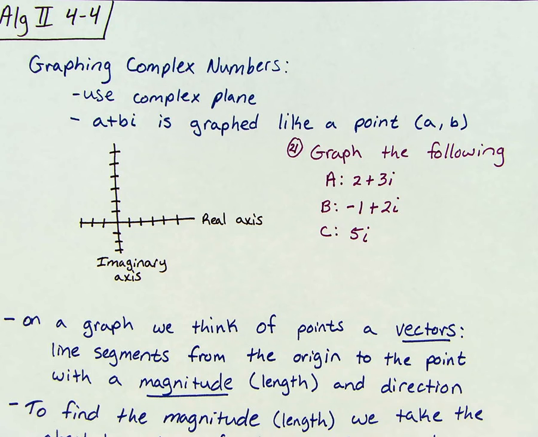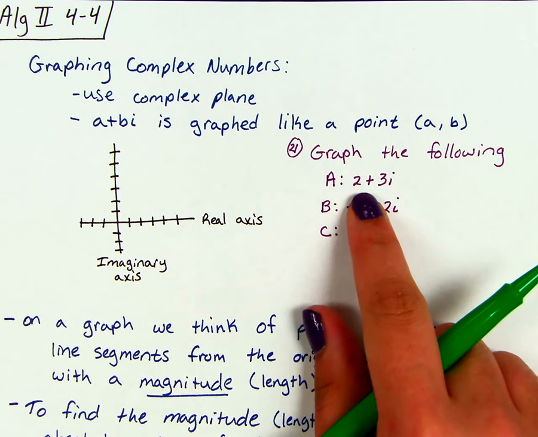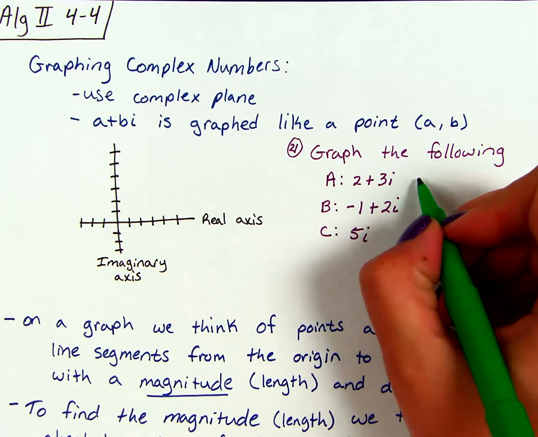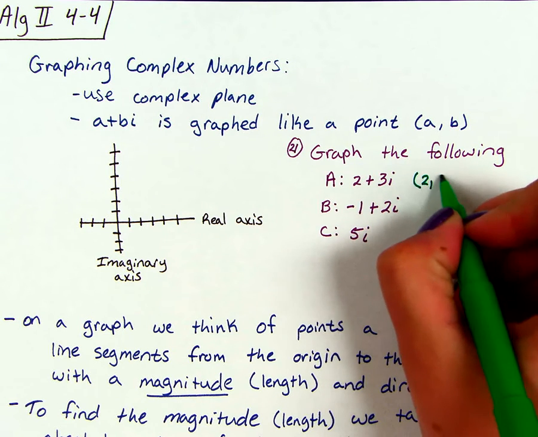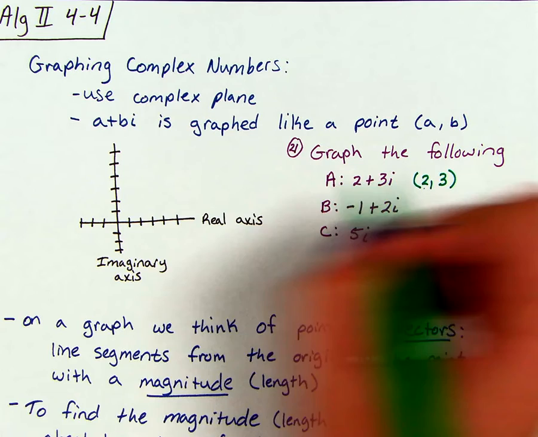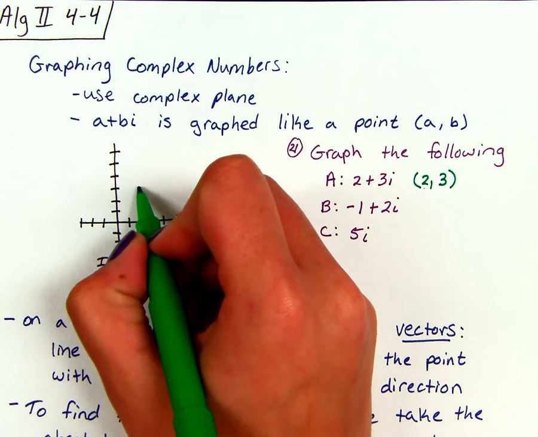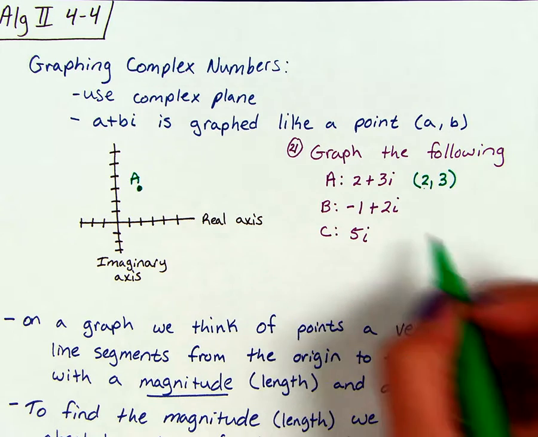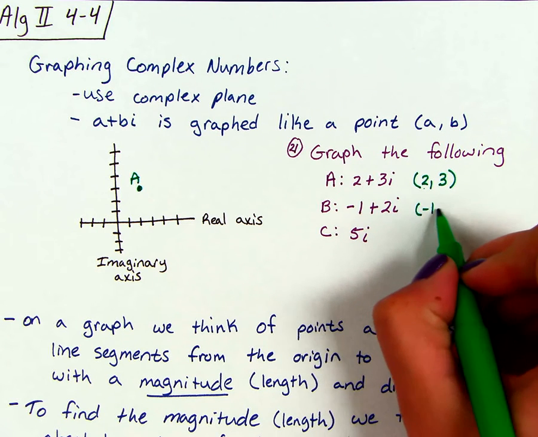So if I wanted to graph our complex number of 2 plus 3i, this is really the same idea as graphing (2, 3). So I'm going to go right 2, up 3 and put my point. So (2, 3), here's my point. I'm going to label it as A. Same thing, so this is going to be (-1, 2).